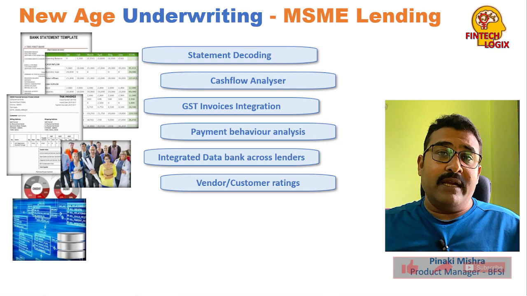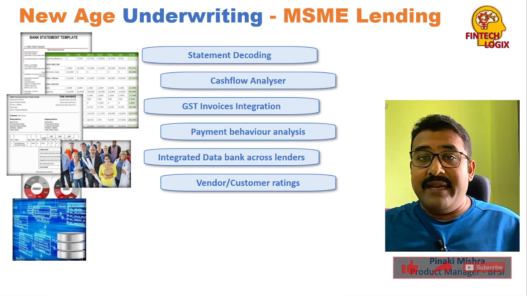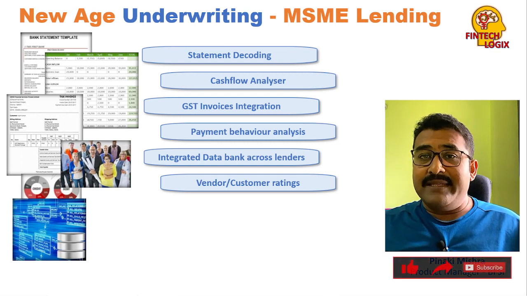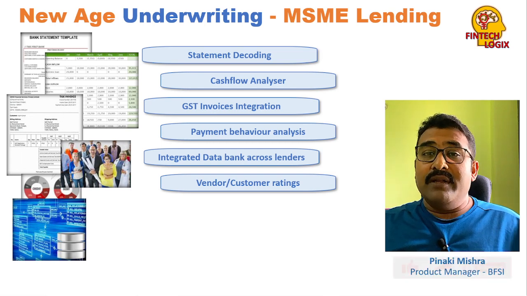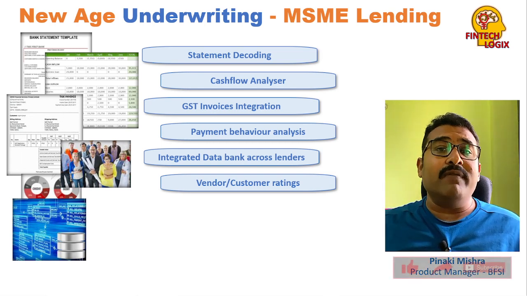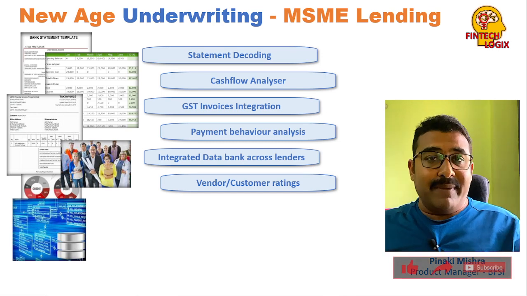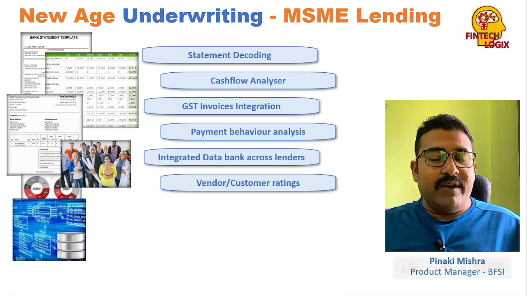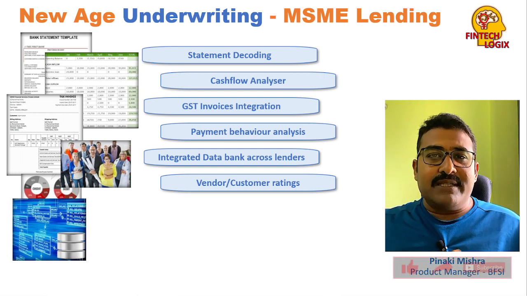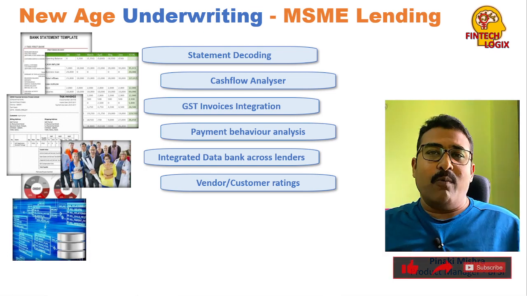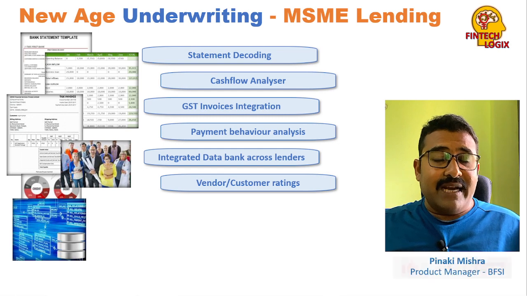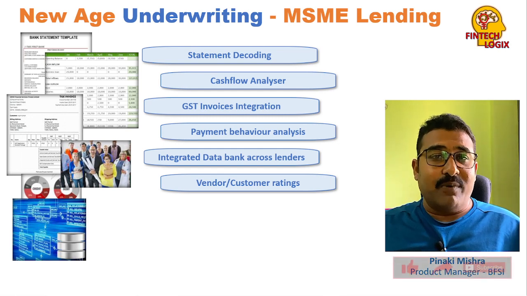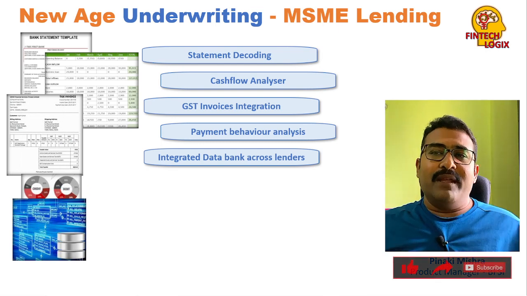Now, using, let's say, Google Places data, if a lot of ratings can be collected about the sentiments of the customers who use an MSME's service or product, that can also be very good information for understanding the future prospects of this business. So this is one form of alternative data that is being considered in underwriting at this point in time. A lot of work is also going on to formalize that.